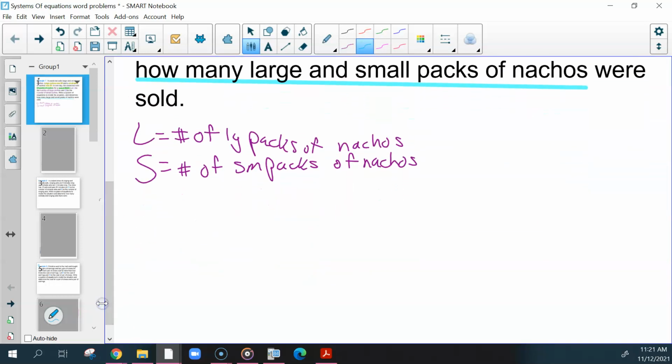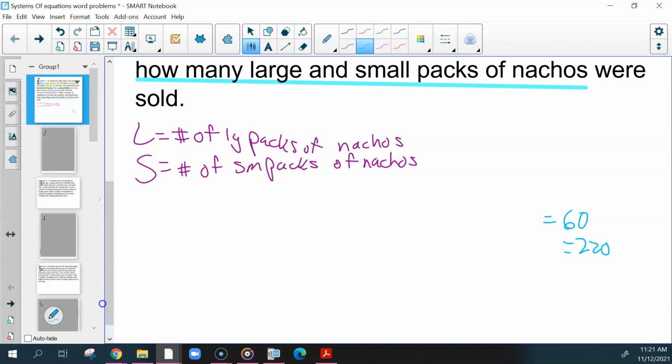The 60 and 220 are both your totals for these two equations. So we know that much. We can start there. And we're going to write these two equations.